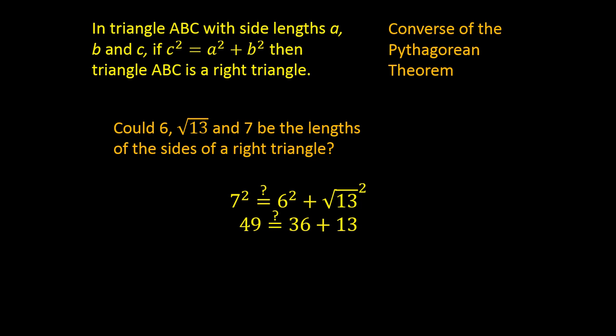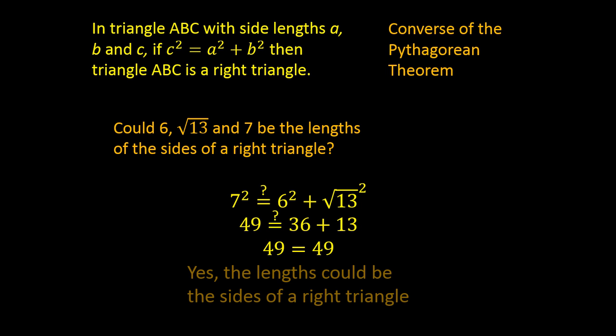So let's simplify. 7 squared is 49, 6 squared is 36, and the square root of 13 squared is 13. And we find out that 49 equals 49 is our statement, which is certainly true. So since that is a true statement, we are going to say yes, the lengths definitely could be the sides of a right triangle.